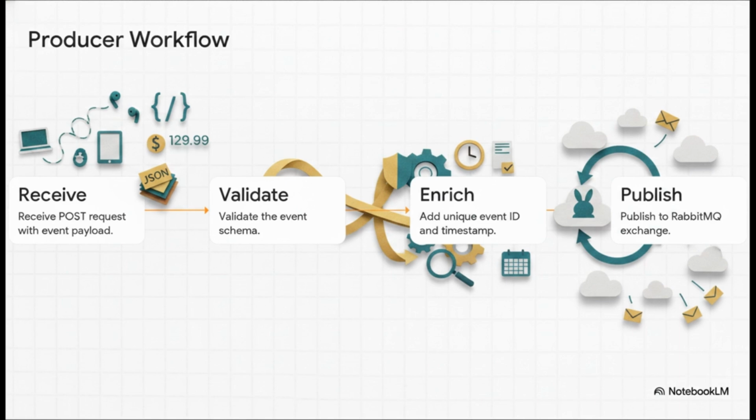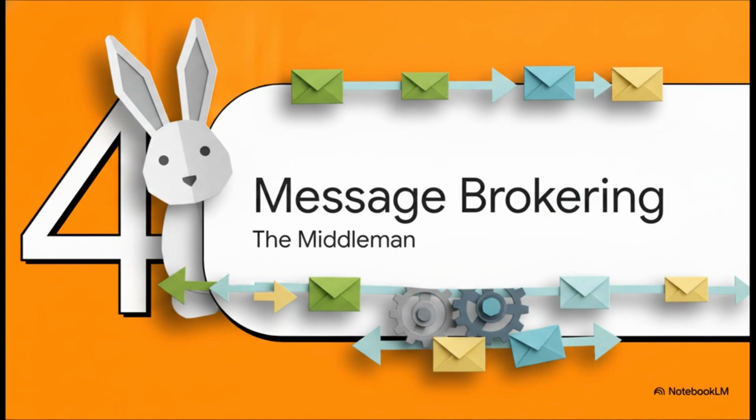Step 3 is critical. The producer enriches this payload. It tags it with a unique event ID and a timestamp. And then step 4, it securely publishes this enriched, validated message right over to our RabbitMQ exchange. It does all of this incredibly fast, returning a success code to the user pretty much instantly. Which leads perfectly into part 4, RabbitMQ message brokering.